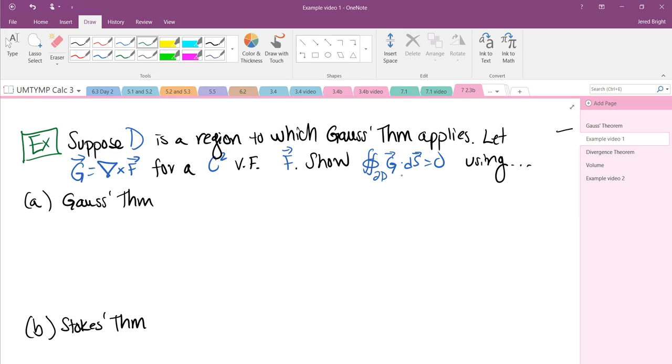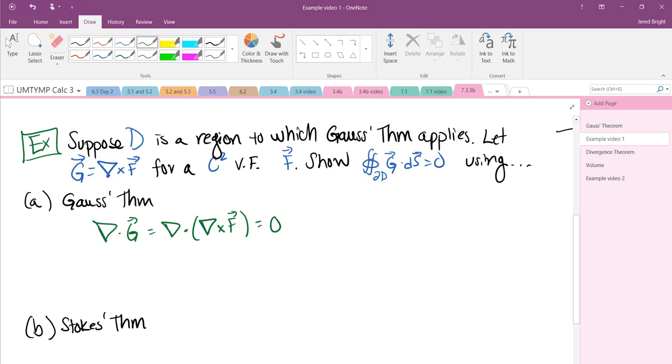Well, if we look at Gauss's theorem, we're going to want to compute the del operator dotted with G. This is really the del operator dotted with the del operator cross F, and now we have to remember some theorems. It says that if we do the divergence of the curl, the composition of the two in order, we end up with 0.